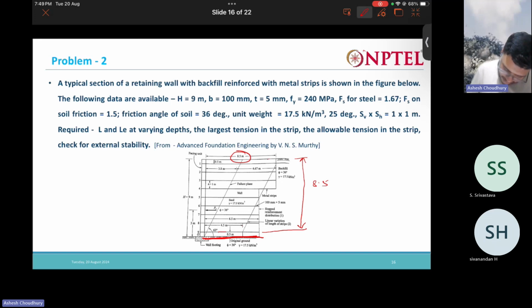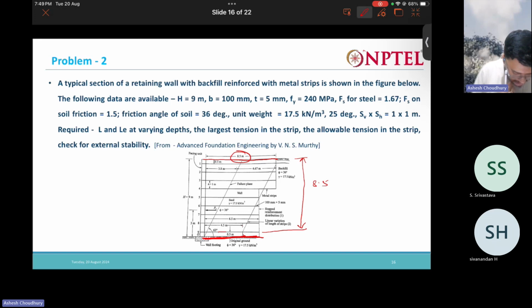So what they have done, they have calculated the average, 4.5 plus 8.5, the average width. Average width times the height, which is 9 meters, times the unit weight, times the tan of 10, times 10/36. It is the interface friction. Okay, like this they have done.